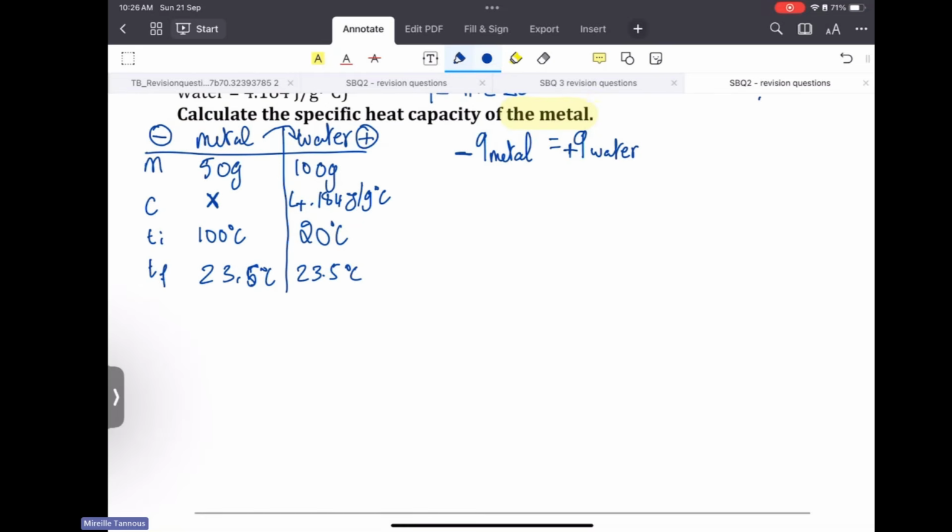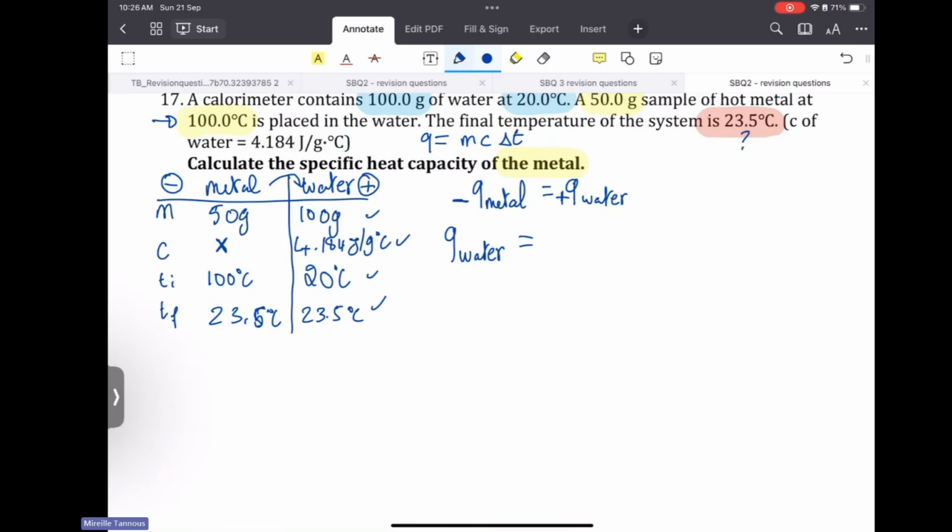Meaning, since the data of the water is all given, I can start solving and finding the Q gained by water, which is MC delta T. MC delta T, final minus initial. 23.5 minus 20.